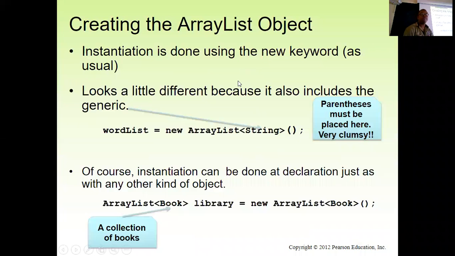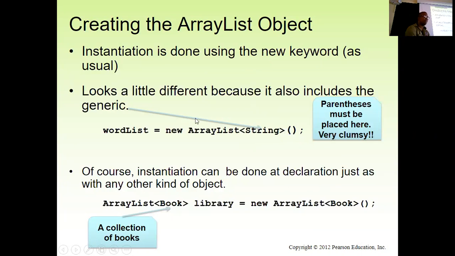And then you need to instantiate that list: equal new array list, put back the type, and then the open and close round brackets because we're calling the constructor.